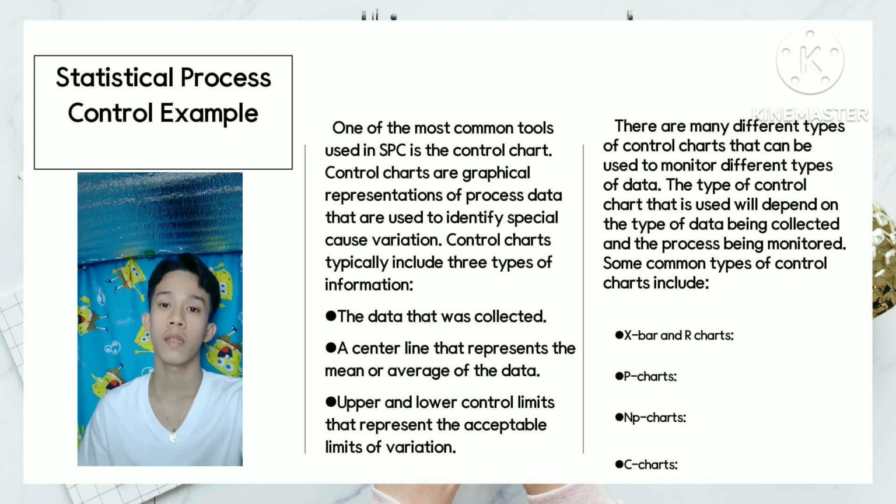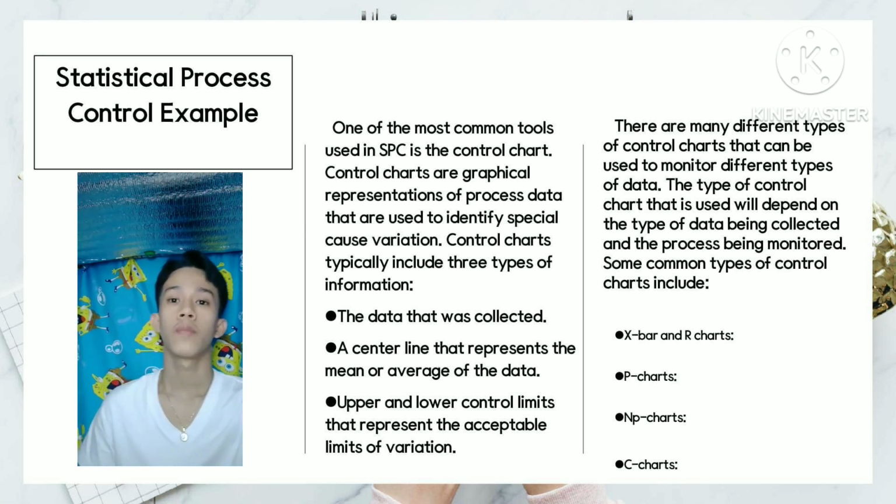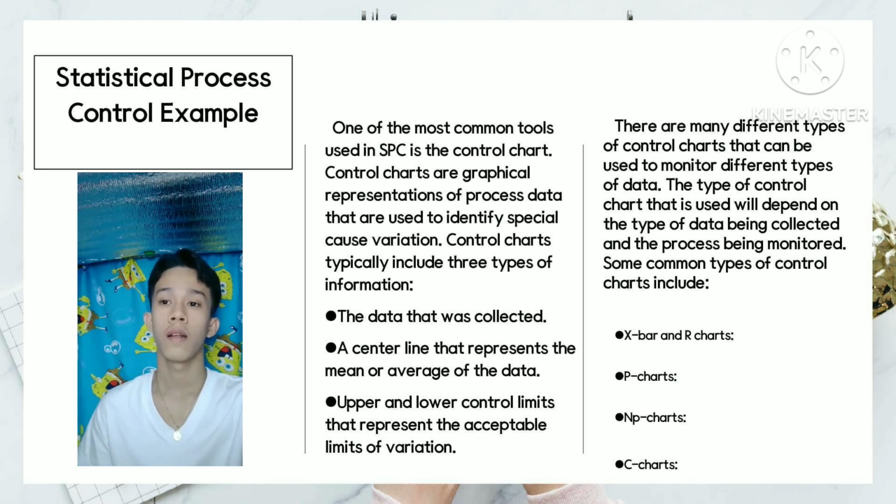When a process is in statistical control, it is said to be predictable and stable. This predictability means that the process can be relied upon to produce consistent results within the acceptable limits of variation.